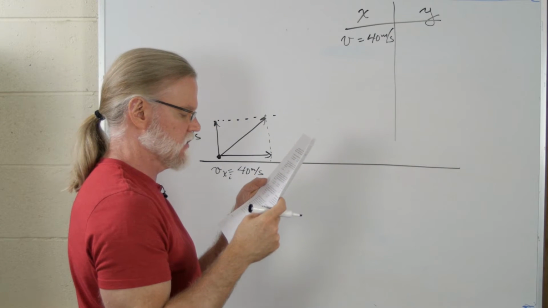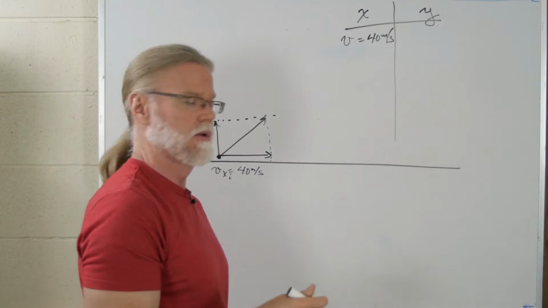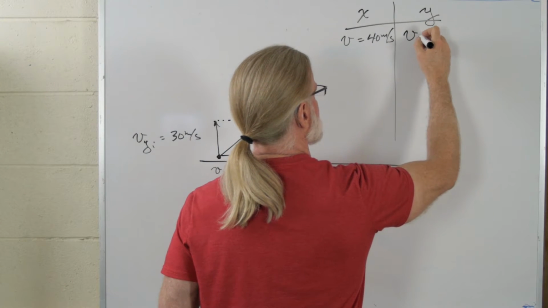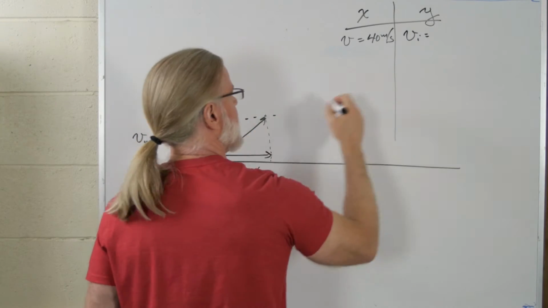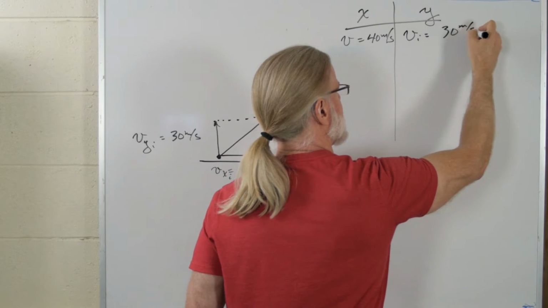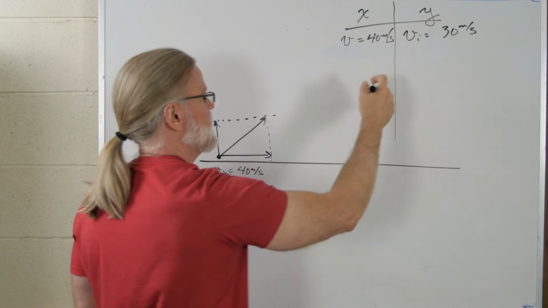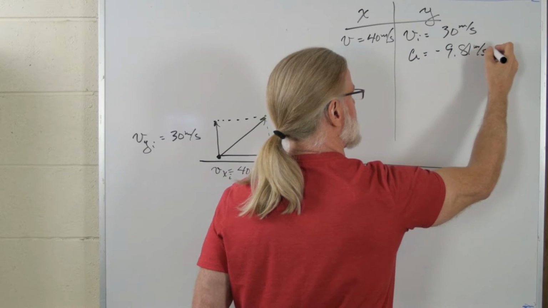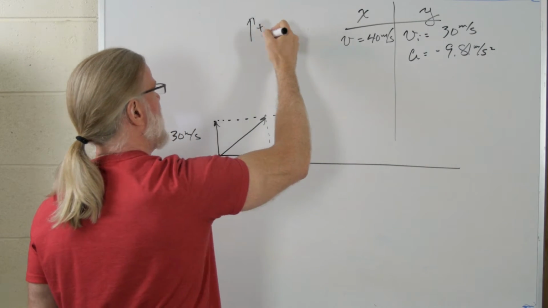So our answer is going to be either 1 or 2, right? And V initial in the y will change, of course. Positive 30 meters per second. I'm going to say up is positive and down is negative, and then I'm going to call acceleration negative 9.81 meters per second squared because I said this way was positive.